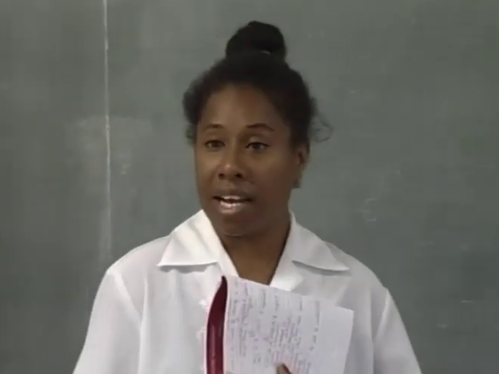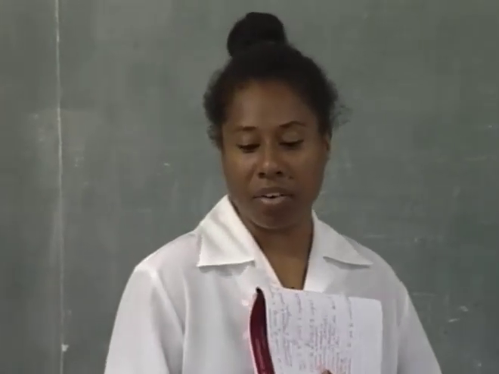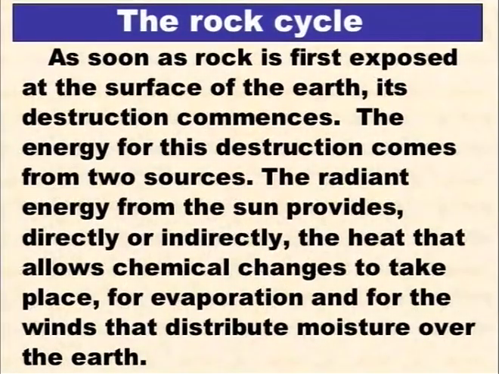Okay, we move on. The second source of energy beside the radiant heat energy from the sun is the gravitational energy. And that gravitational energy brings this moisture, say for example, if we are looking at rain and if we're looking at the water cycle, the energy for the rain to fall down is also contributed by the fact that gravity pulls everything down towards the center of the earth.